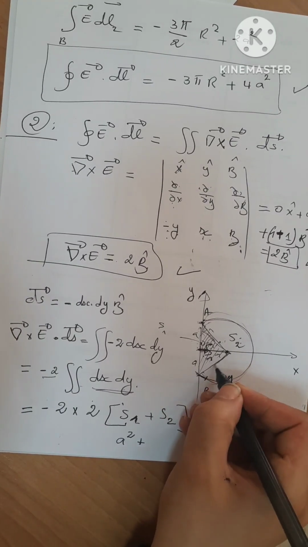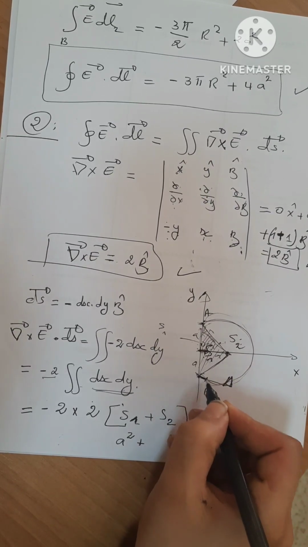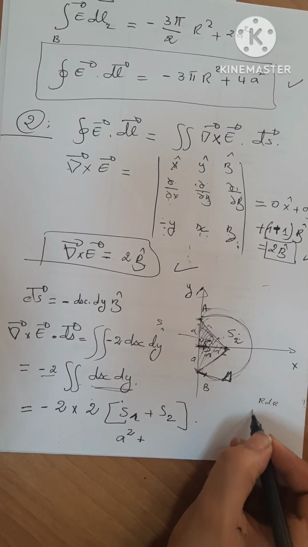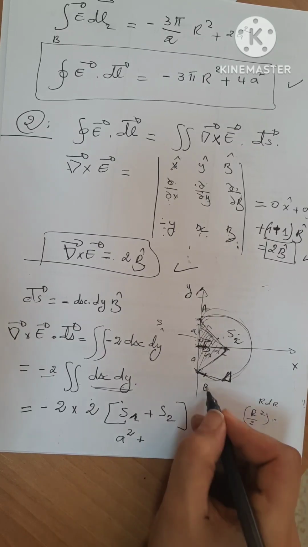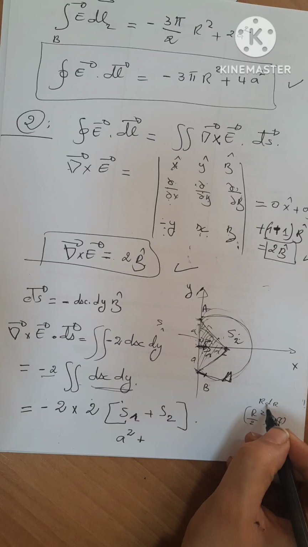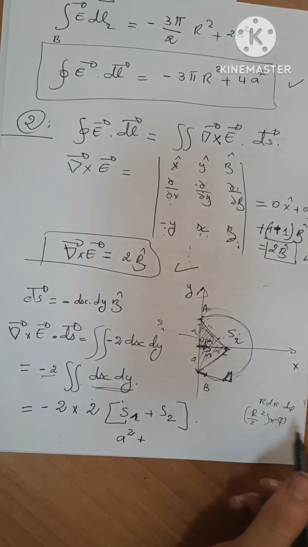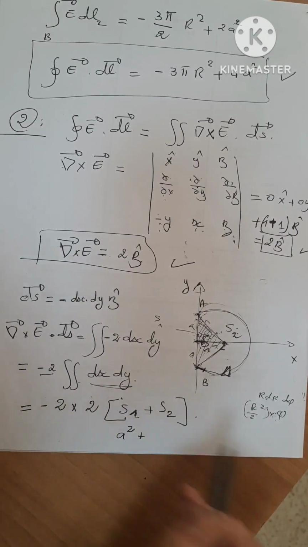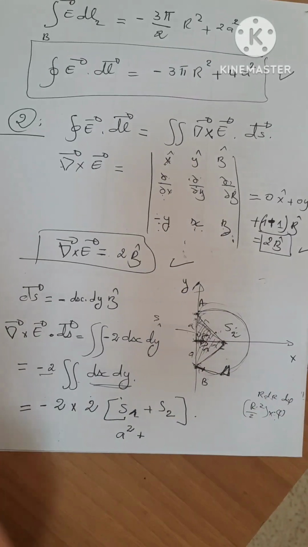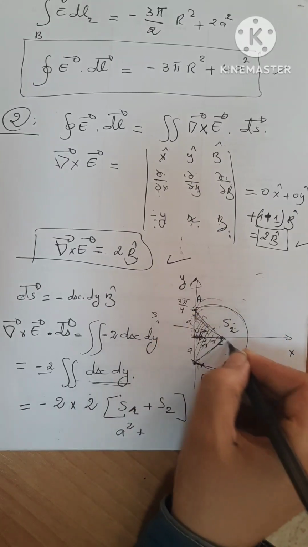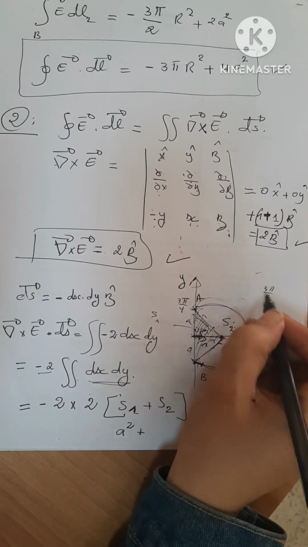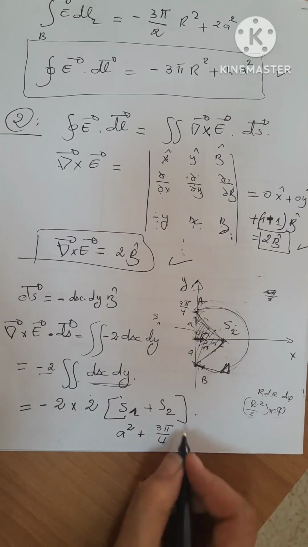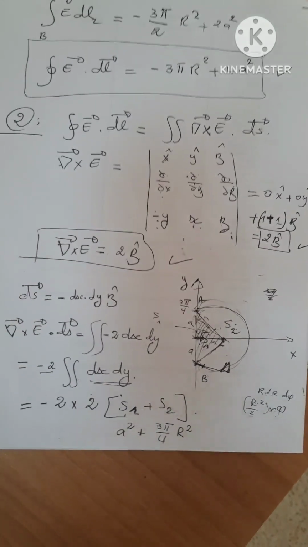For example, this is dl, dr dl, so the integral of r dr dl, dl is r d phi, so r dr, the integral is r squared over 2, times the angle phi, because it's r d phi. Then we know directly the surface of the disk is the angle over 2 times r squared, so in this case we have 3 pi over 4 times 2, so it's 3 pi over 2 over 2, r squared. So these are the surfaces.